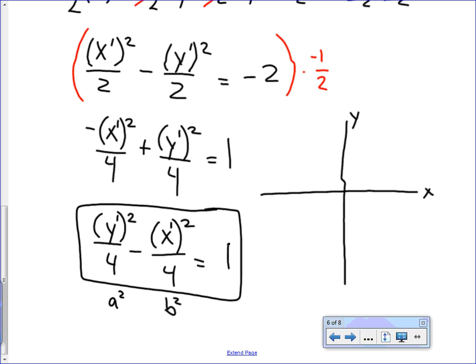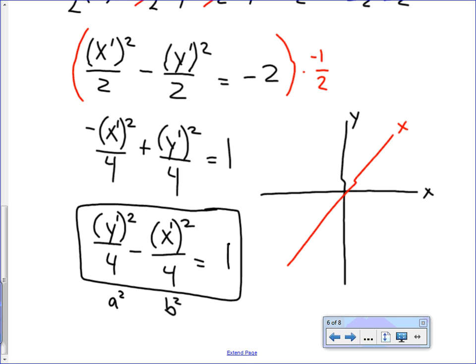I already kind of got us going on the graph when we did the angle of rotation. On your graphs, like on a quiz or a test, I won't give you a coordinate plane on these because you're actually going to draw the rotated axes. So remember we had a pi over 4 rotation, that's 45 degrees.